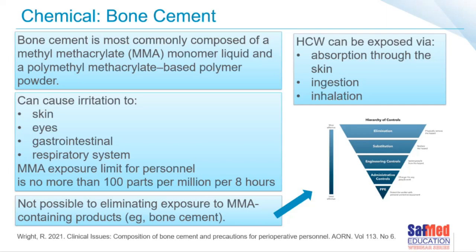Of course, it's not always possible to eliminate the exposure to that, and obviously the surgeon will take into account whether or not to use bone cement because they're well aware of the risk to the patient. But if not, what are the controls that you could put into place when you are using bone cement? Because, of course, we can be exposed via absorption through the skin, via ingestion or inhalation.